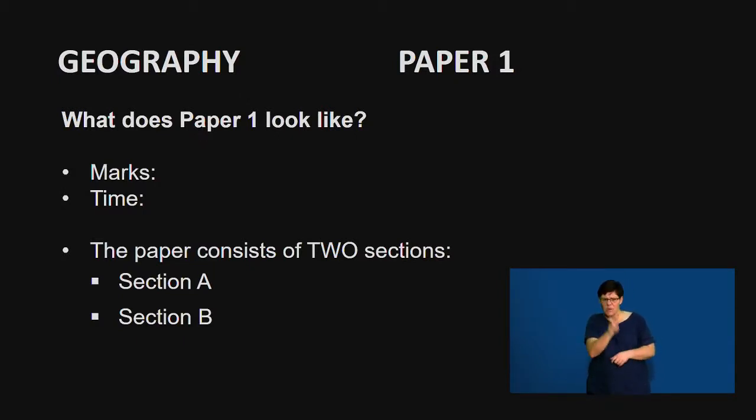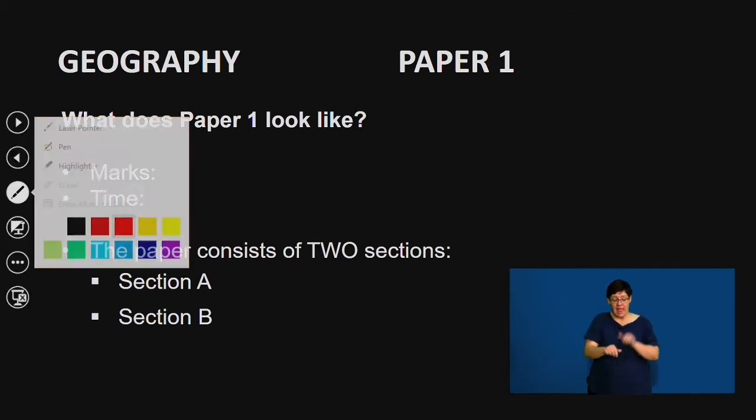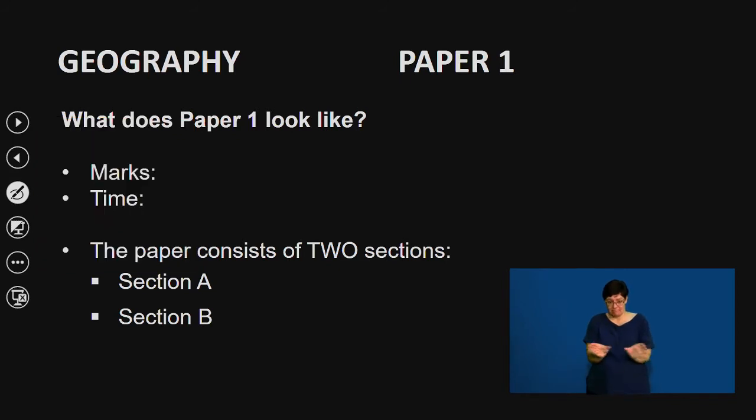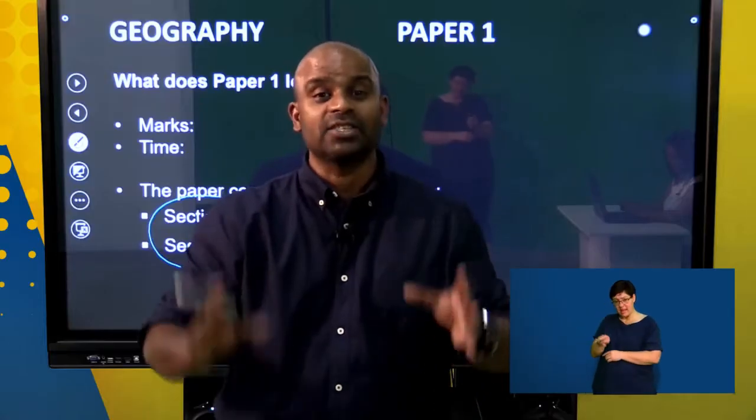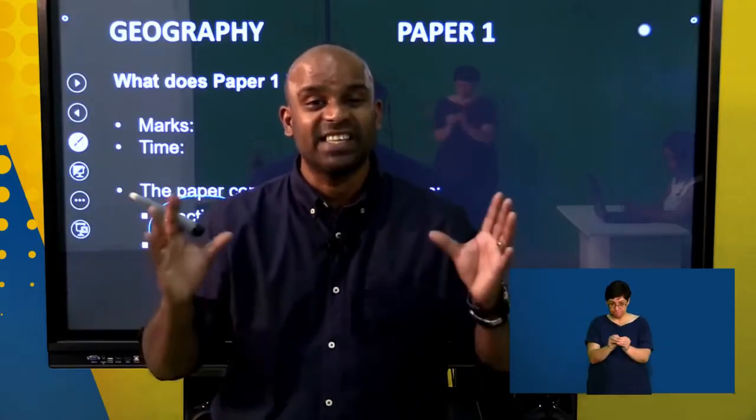Remember, you have 225 marks, which you have to answer in 3 hours. The paper consists of a section A and a section B. Section A and section B comprise 4 content areas.